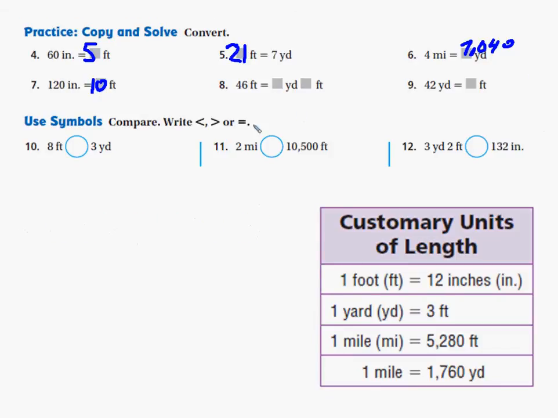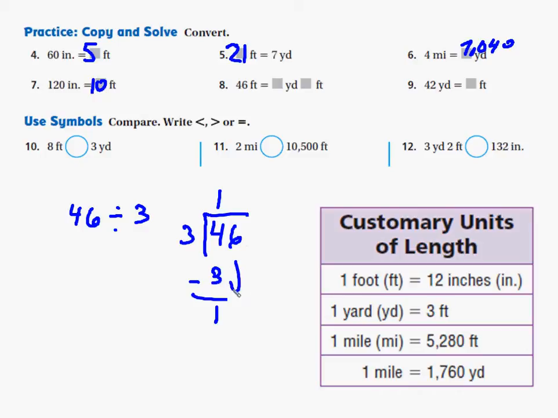Now, I have 46 feet, converting that to yards with maybe some leftover feet. So feet to yards is small to big, that is division. So 46 divided by, how many feet in a yard? 3 feet. So I divide. 3 goes into 4 one time. I subtract, bring down the 6. 3 goes into 16 5 times. 5 times 3 is 15.